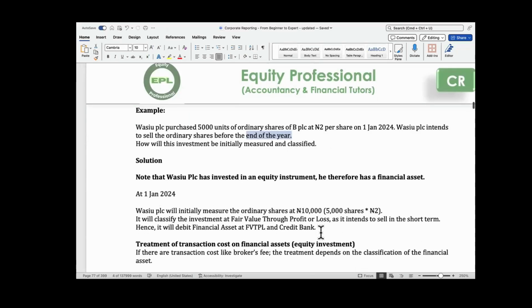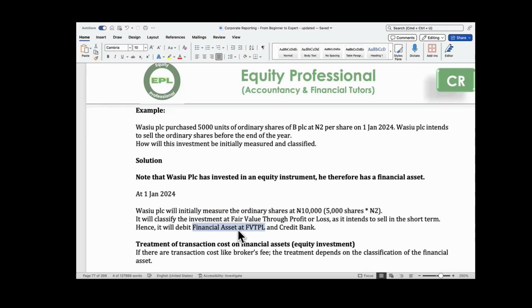So it means that in your books, when you want to describe that account head, you won't just say financial assets. You need to describe it fully. Since you already know the intention of holding, you won't just say financial assets in your books. You say financial assets at fair value through P&L.